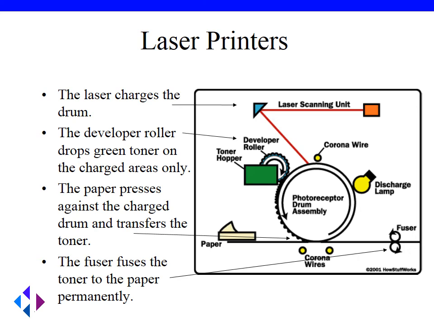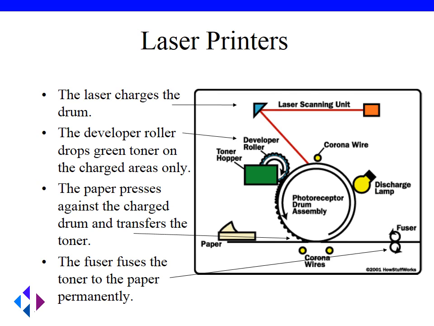When it comes to laser printers, it's not done the same. Basically, you have a laser that will charge a drum. In other words, it shoots a laser onto a rotating drum, and it creates a positive or negative charge in little dots going across that drum. Then you have a developer roll, which is basically a roll that goes into a toner hopper of colored powder. For color printers, it would be red, yellow, and blue, because all colors can be made from those three colors, and then black.